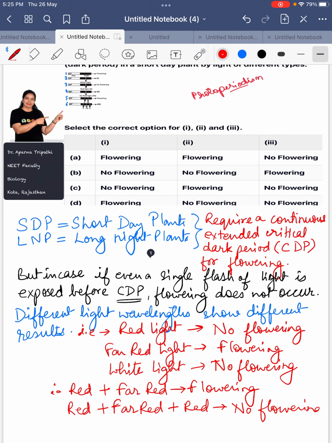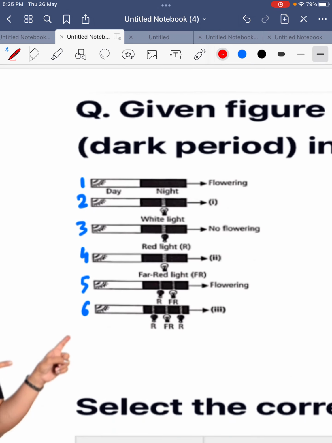So by interrupting the photoperiod with light wavelengths of different colors, the effect is on flowering. In some cases flowering takes place and in other cases it does not. Now on this basis we will answer this question.